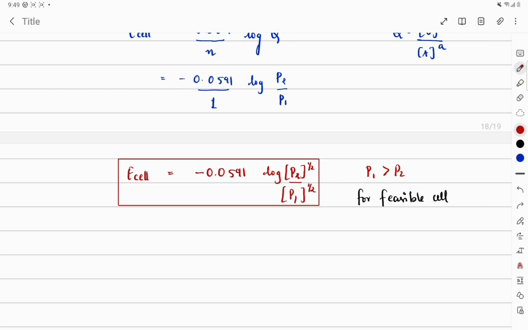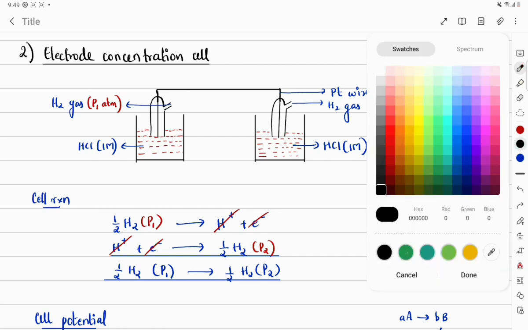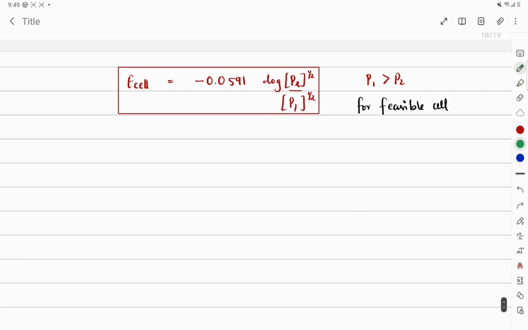Anyway, we find that P1 should be greater than P2. P1 is the pressure of anode, P2 is the pressure of cathode. So we find that pressure of anode should be greater than pressure of cathode. That's the conclusion we get in case of electrode concentration cell.